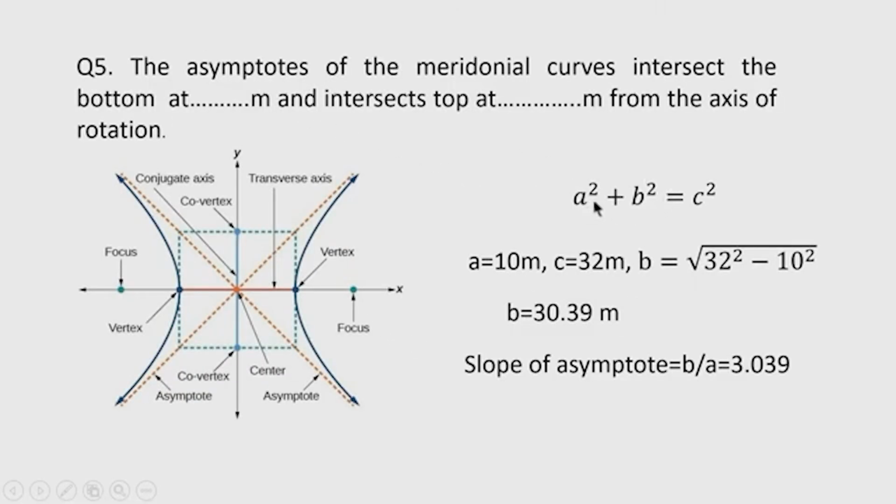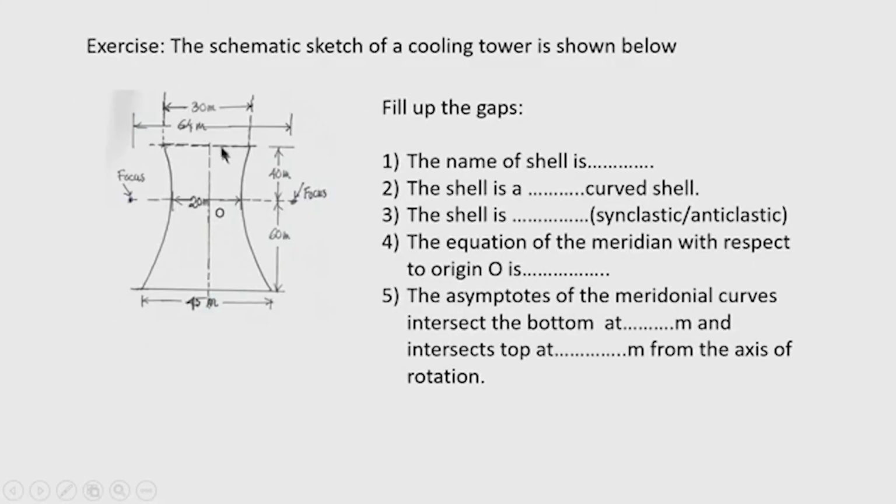Now, we know that a square plus b square equal to c square, where c is the distance of one of the foci from the vertical axis of rotation. So, here you can see from the given dimensions of the shell, the focus is located at a distance of 32 meter from the axis of rotation.